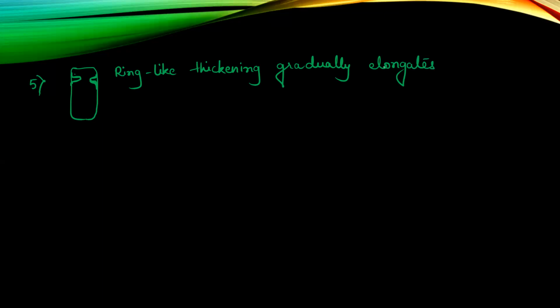So the ring-like thickening gradually elongates and splits the mother cell wall towards the apex or apical region.